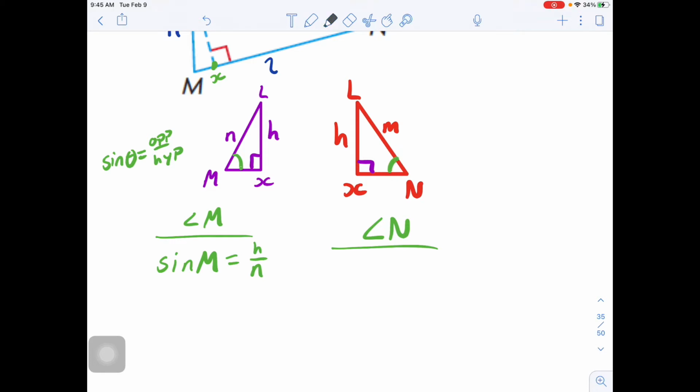Over here, let's talk about the sine of angle N. Again, opposite over hypotenuse. The opposite leg is h. The hypotenuse is little m in this case.